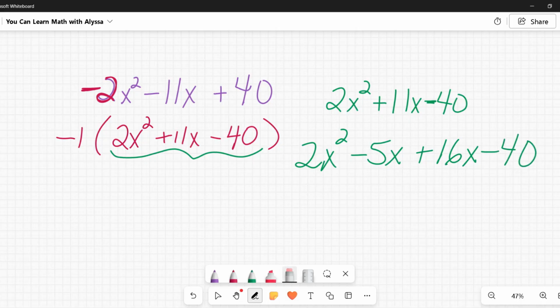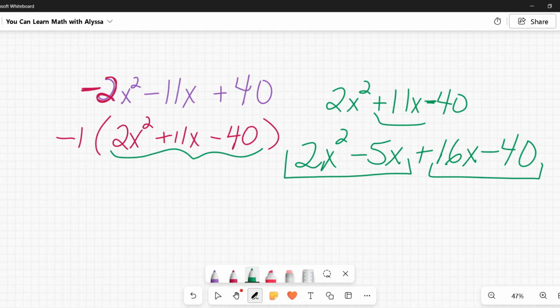How did I know which one to put first? I didn't, and it doesn't matter. Once you go through this process, you will get the exact same answer no matter which one you put in front. I promise you, 100%, no exceptions. So here's the method. Once you've separated this 11x into the -5x plus 16x, you're going to pair them together.